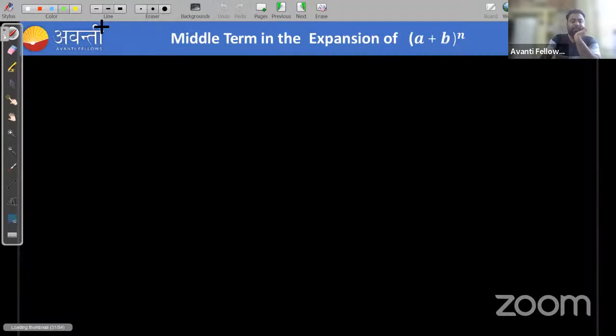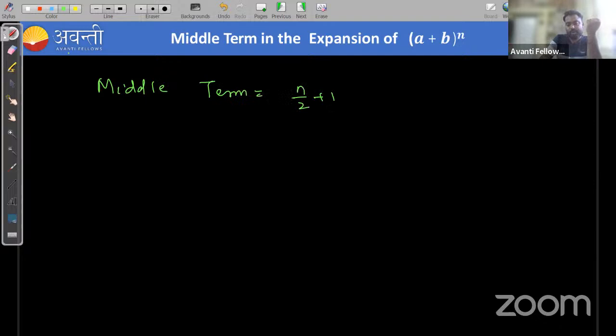So if we simplify it, the middle term we got is the n by 2 plus 1 term. We can write this as t of n by 2 plus 1 is equal to, so r is n by 2. Yes or no? r is n by 2. So what will the general term be?